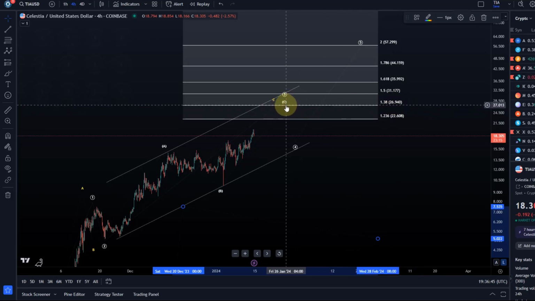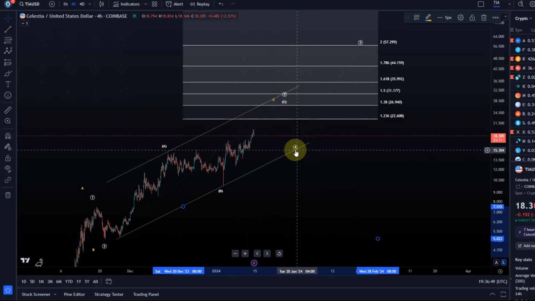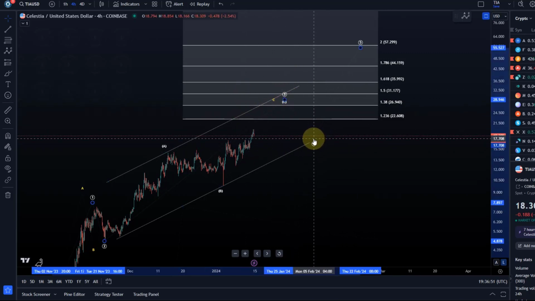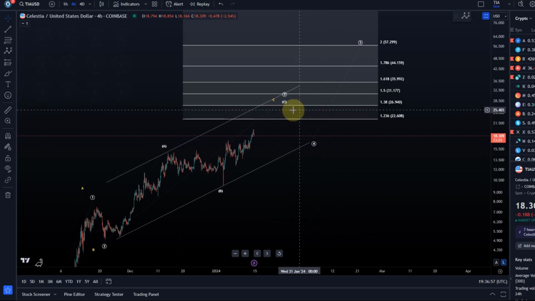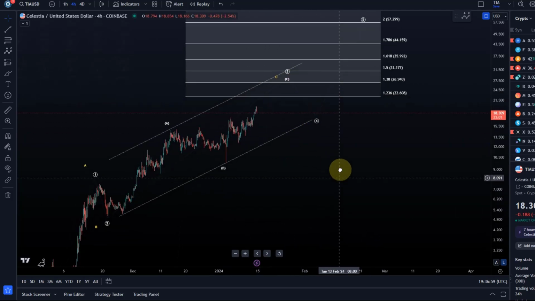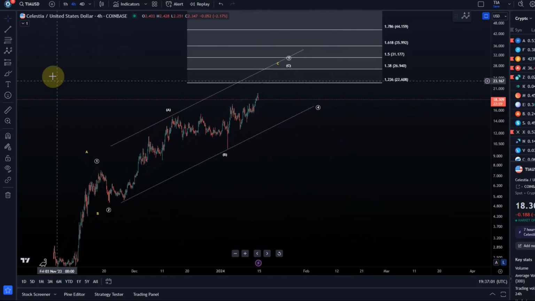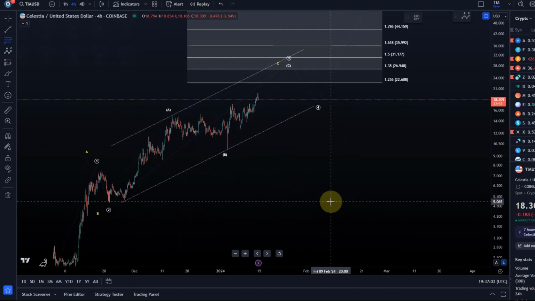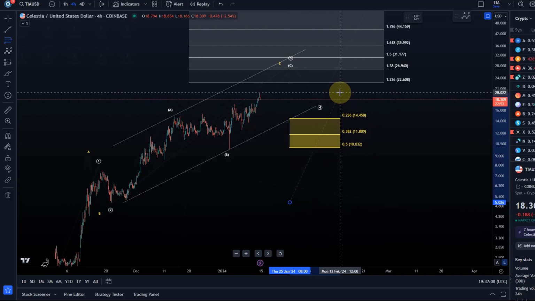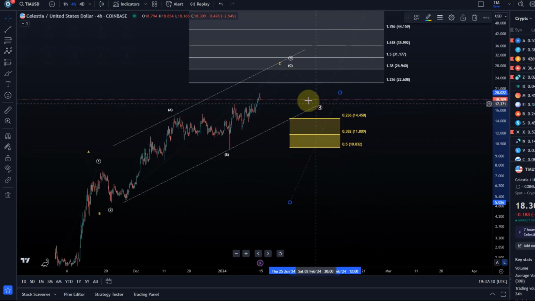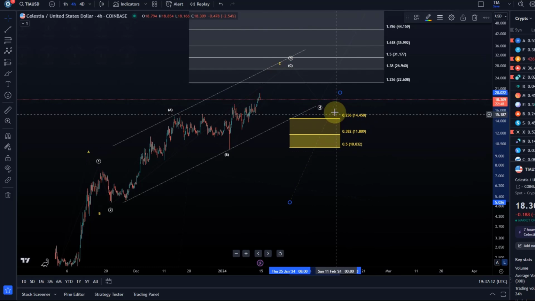Really an ideal target. Further extensions are always possible, but that would be ideal. And then a wave 4 pullback should happen, but I cannot give you a support zone for wave 4 at this stage because we haven't even topped in wave 3. So really only once we have topped in wave 3 can I give you a support level, and we cannot really lock it until the price has topped in a 3rd wave.